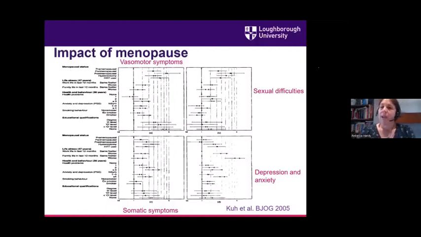So we looked at how these varied according to the menopausal status of the women reported, but also some other characteristics. So we can see that for the hot flushes and the sexual difficulties, these were far more likely. So this is the sort of null line. If we're looking this side, this is saying that these people are more likely to have these symptoms.